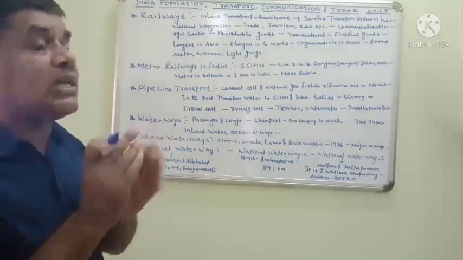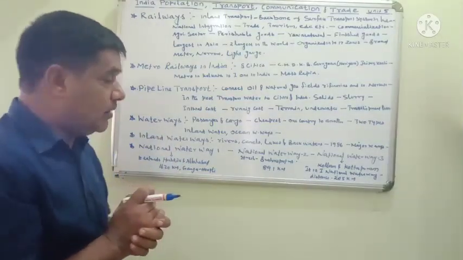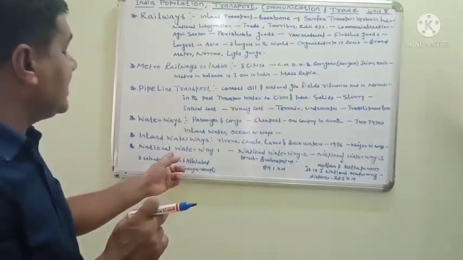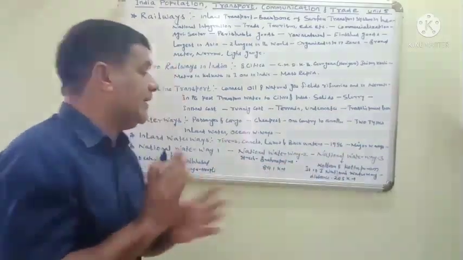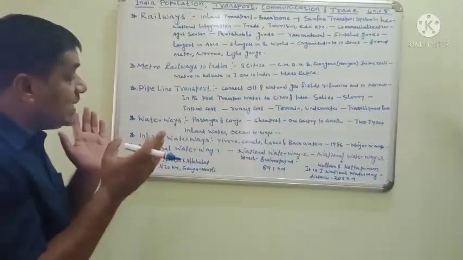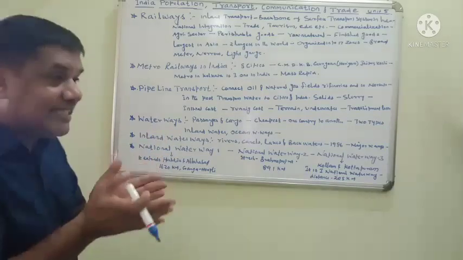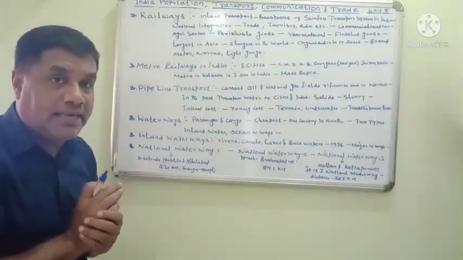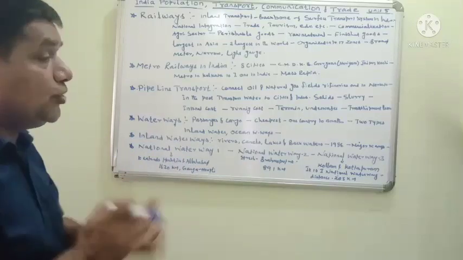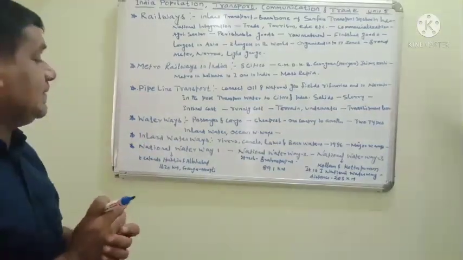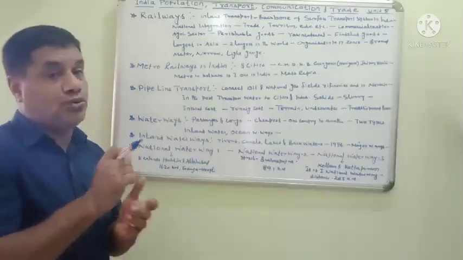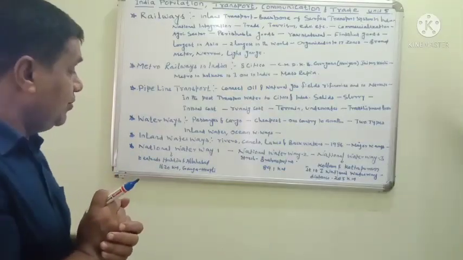And the major waterways are National Waterway 1, National Waterway 2 and National Waterway 3. National Waterway 1 stretches between Haldia and Allahabad, totally 1620 kilometers, along the Ganga to Hooghly.